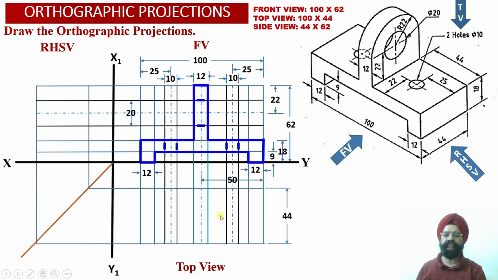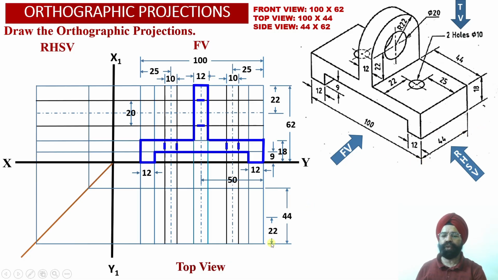Now let us proceed to evaluate the top view orthographic projections of the solid. Now as the observer is going to look at the solid from the top, we observe that these two holes and even this hole, all these three holes, are located centrally alongside the depth of the solid. So the total depth of the solid happens to be 44 millimeter.